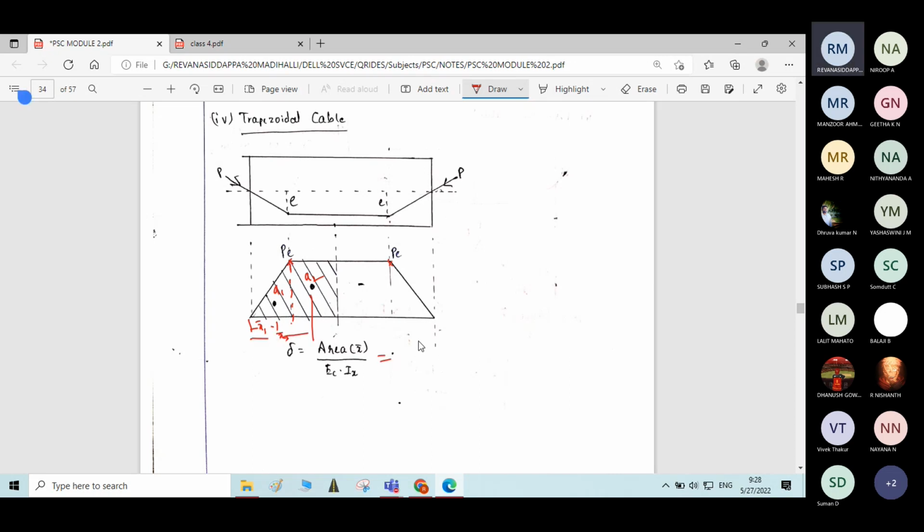Finally, by substituting as A1 x1 bar plus A2 x2 bar divided by EC into IX, using this formula we will find the deflection due to prestressing force. I will explain in detail while solving the problem on trapezoidal profile cable.